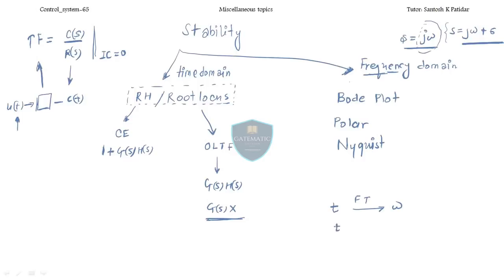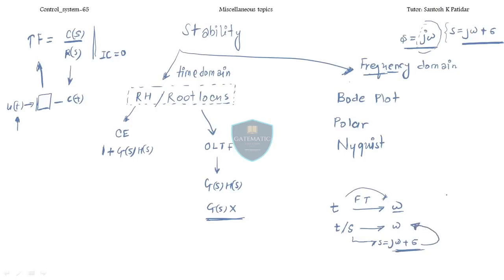You have the time function here, but in the form of Laplace, isn't it? Now you are looking for omega, which means you need to go to the Fourier transform, so everything will be in the frequency domain. The equivalent of this S is sigma plus j omega, but this is not the complete frequency domain.